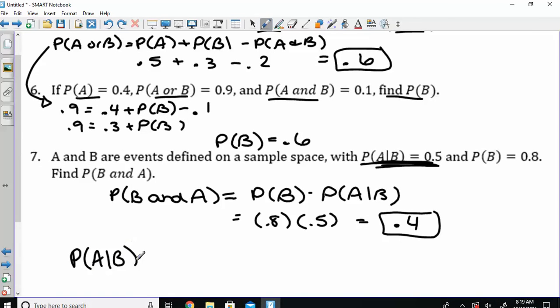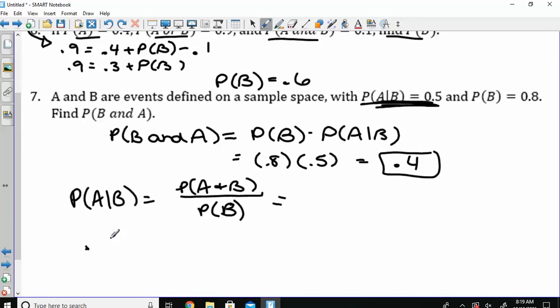Alright. So this one that I used, if you guys have your formula sheet handy. So I was using the "and" formulas, but like the fourth bullet down, you have the conditional probability rule that says probability of A given B is probability of A and B divided by the probability of B. So probability of A and B is the same as probability of B and A. The order doesn't matter there.